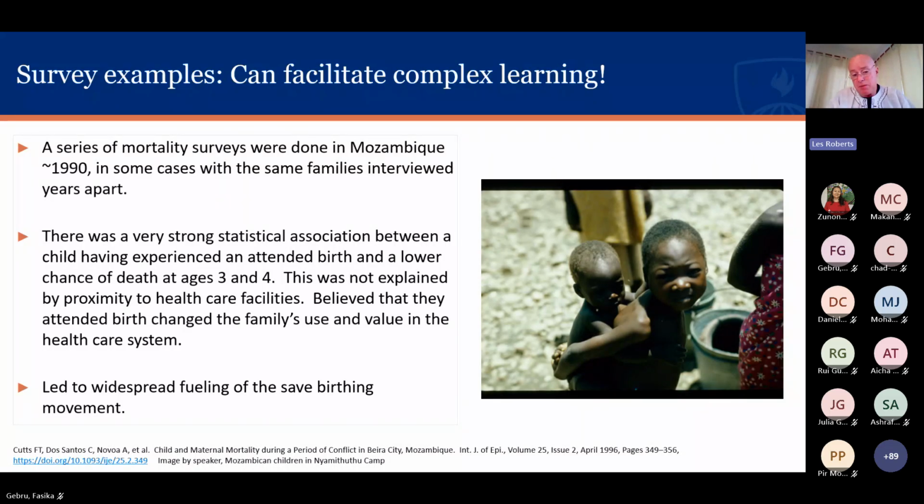And the interviewers believed that it was the act of having an attended birth that changed the family's attitude about health. And as a result, the family was way more likely to bring their child for healthcare when they had fever or other problems. This series of studies led to a massive movement starting in the 1990s about safe birthing. Next, please.